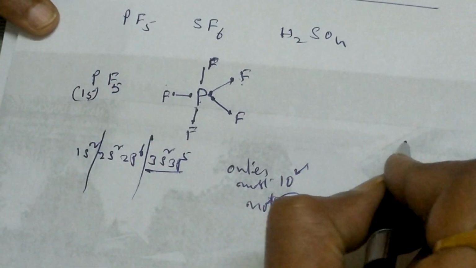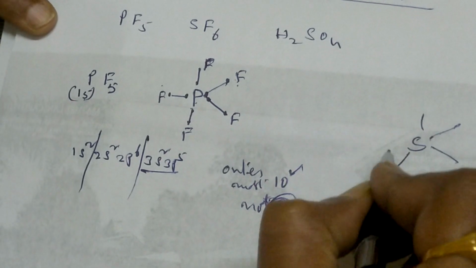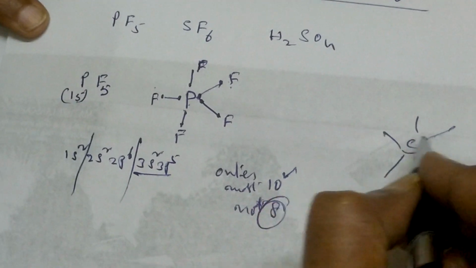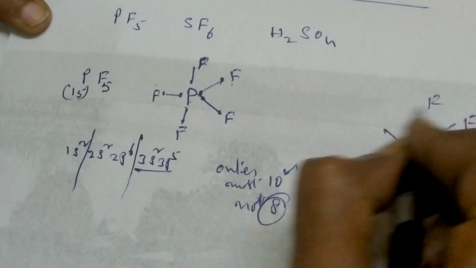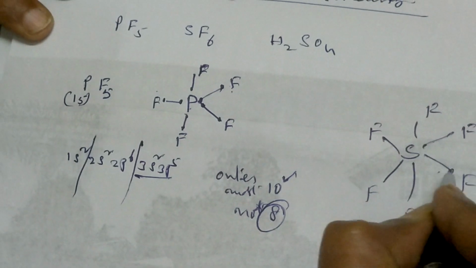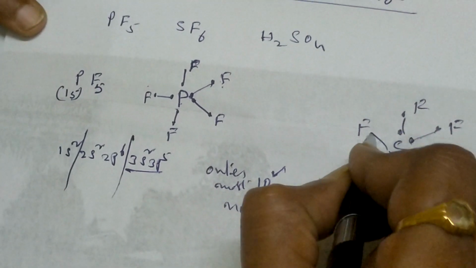Similarly, SF6 also. SF6 you have to write with 6 bonds, 1, 2, 3, 4, 5, 6. Here also the fluorine octet is matching. Each fluorine gives 1 electron.